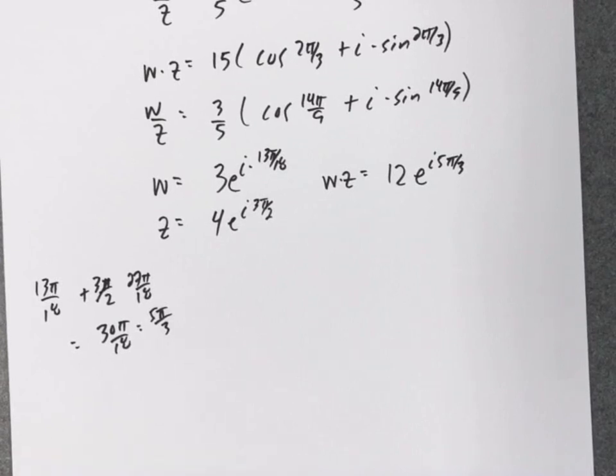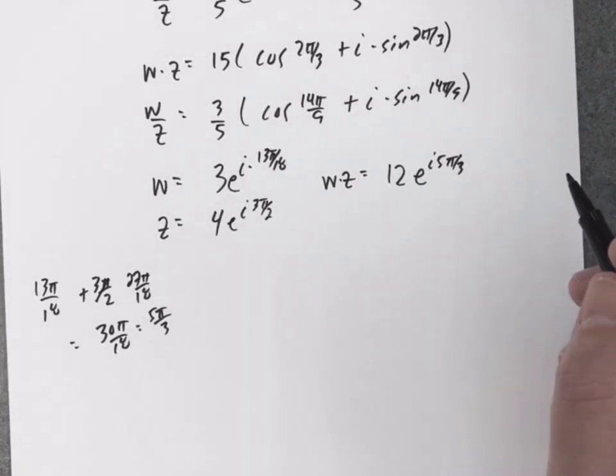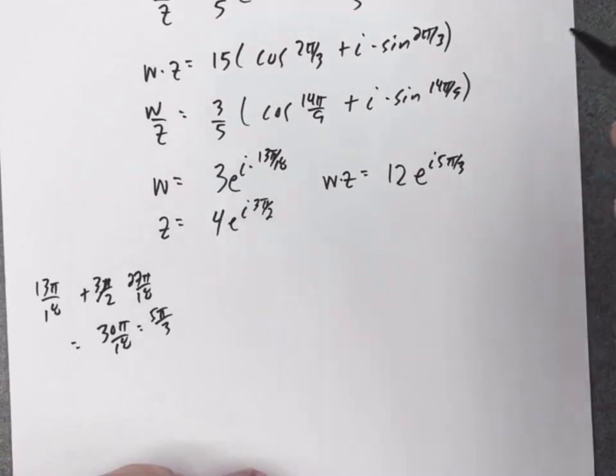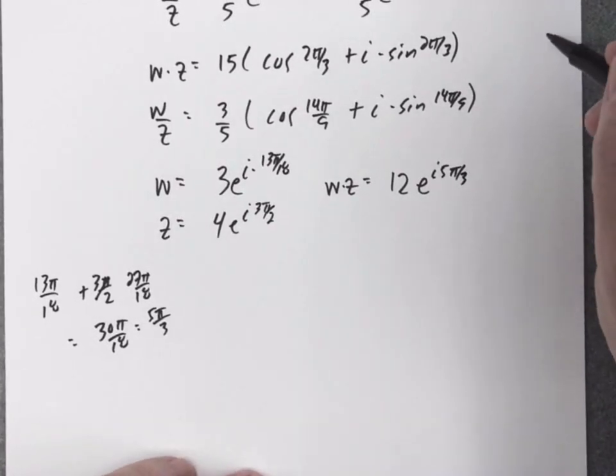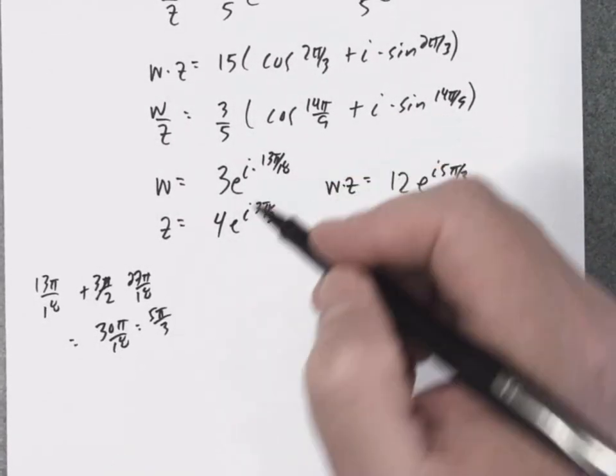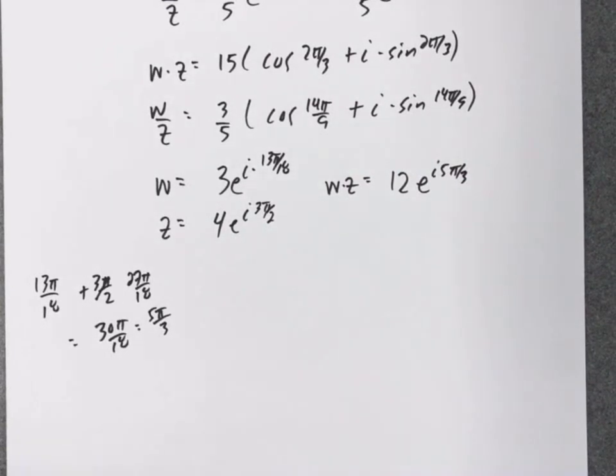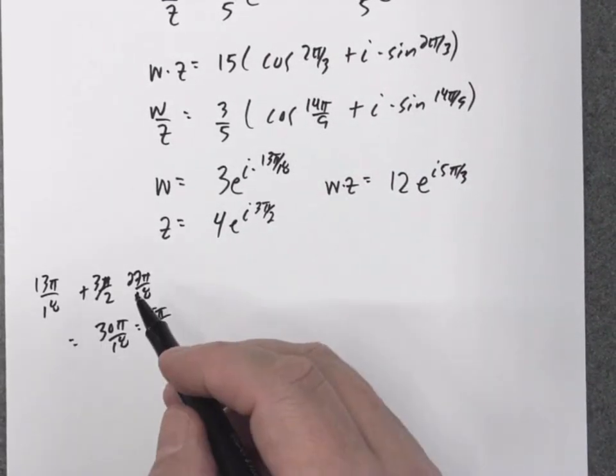I'm looking to make sure I didn't mess up on this. And it looks like I did. Let me see if I can find my mistake real quick. I don't want to have to start this video again. So let me make sure. I apologize. 13 pi over 18.